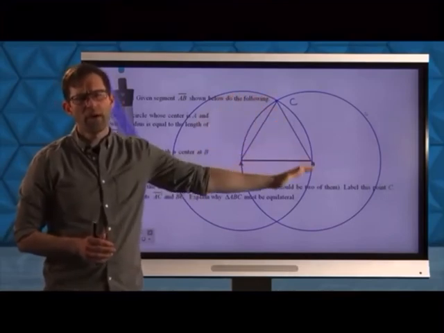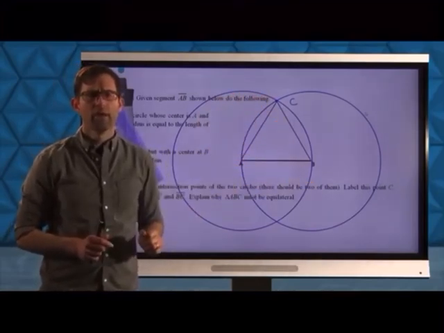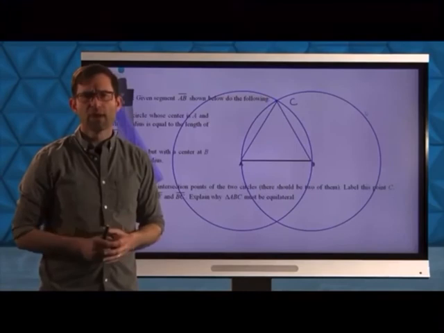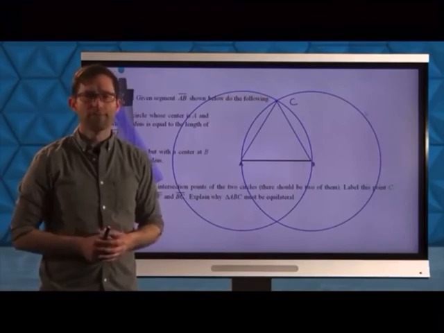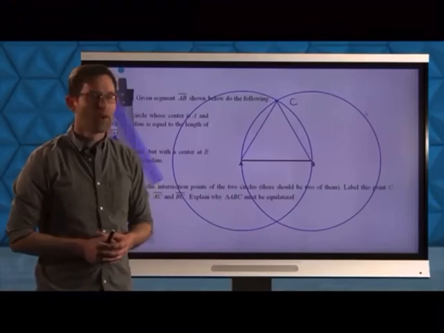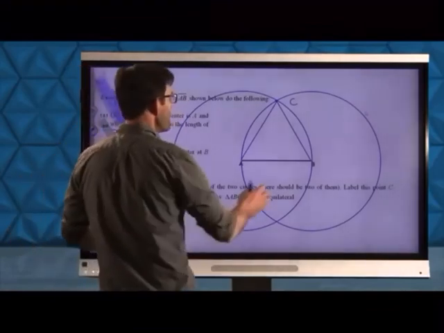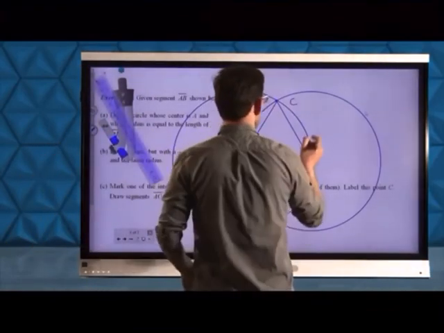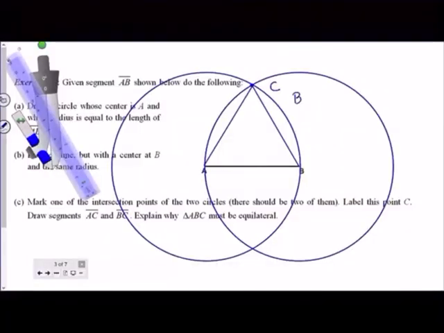Now again, we've actually done this construction, but it was way back in Unit 1. So let's think about that explanation. Take a moment and write down what you can. All right, let's do it. Maybe I'll just write the explanation up here.